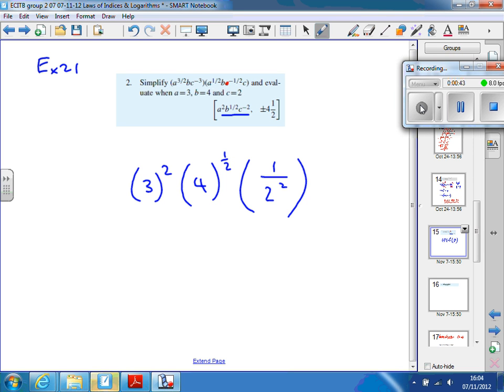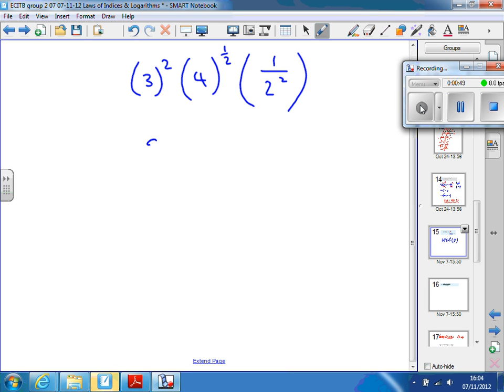And if you write it like that, you actually don't need a calculator to work it out. 3 squared is 9 times 4, the square root of 4, because power half means the square root, is 2, divided by 2 squared, which is 4. So that actually turns out to be a half of 9, which is 4 1/2.